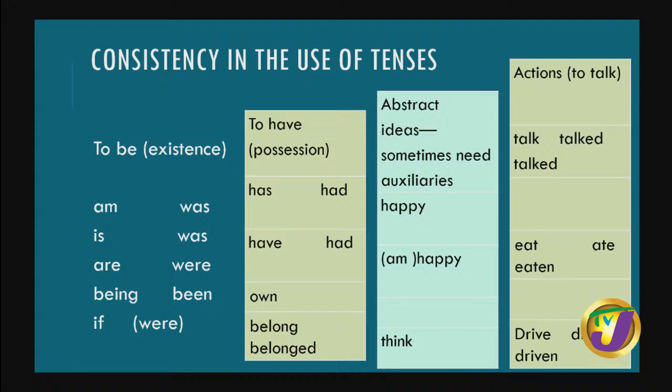Did you know that? Do not mix them up. Being. And we have the past tense. So the past tense of am is was, and the past tense of is was, and the past tense of are is were.